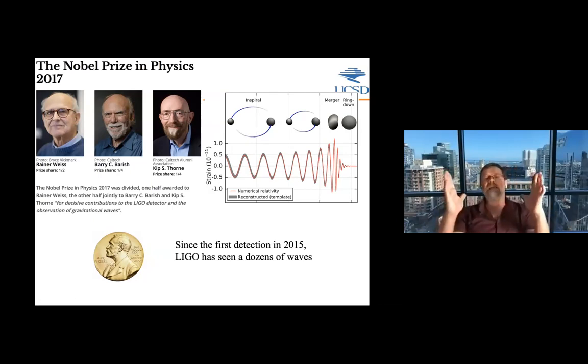Basically, the name of the game for LIGO is that over time you improve the strain sensitivity, meaning you improve the detection of the minimal distance difference in the interferometer that you can detect. You can think of this as improving your precision on seeing amplitude.